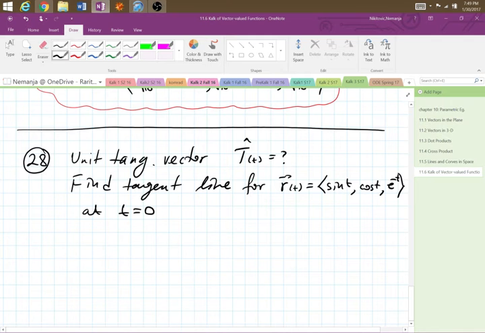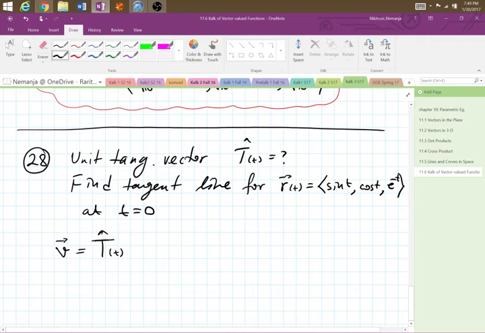So we know that the vector v is going to be unit vector T for our line, which will give us the direction. And then we just use t equals 0 to find r0.